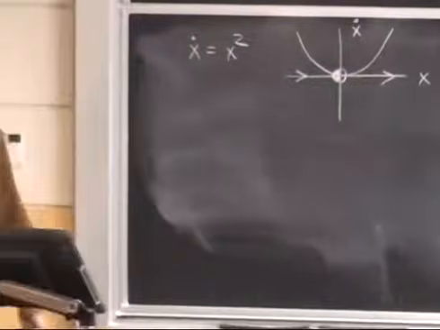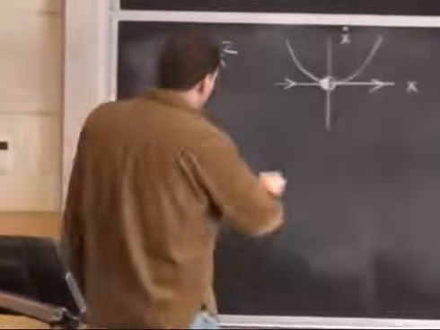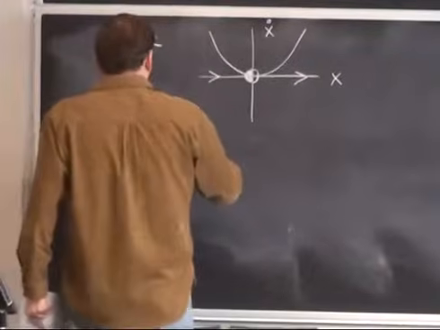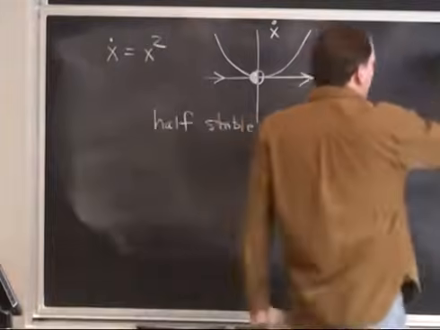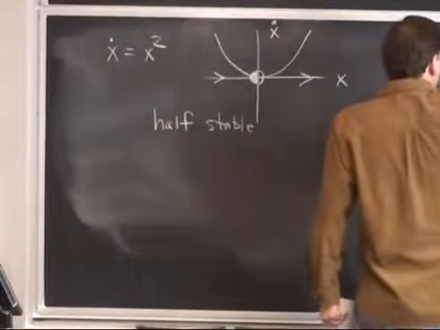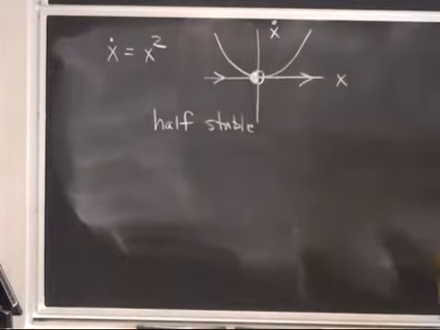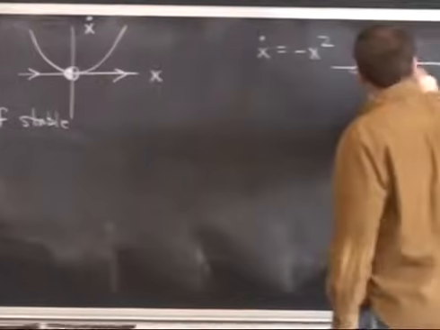So this is a half-stable fixed point. It's stable from one side, but not the other. And likewise, if you look at x dot equals negative x squared, that would have this kind of picture, where now it's the opposite.